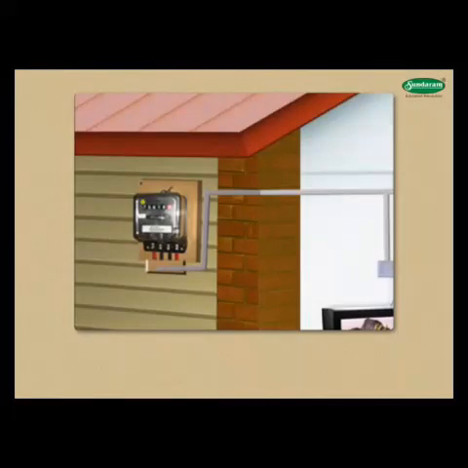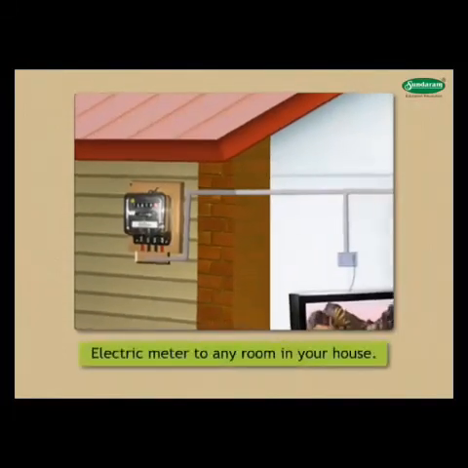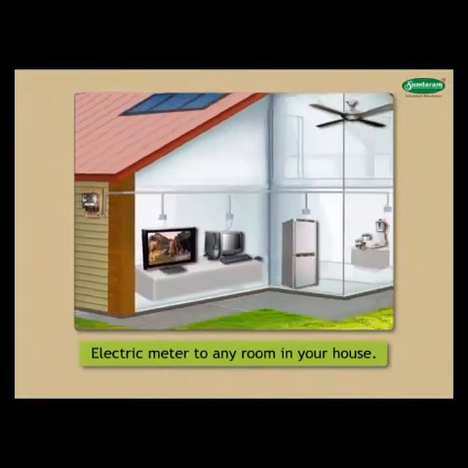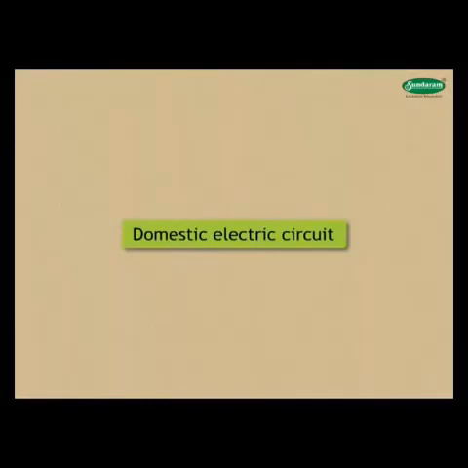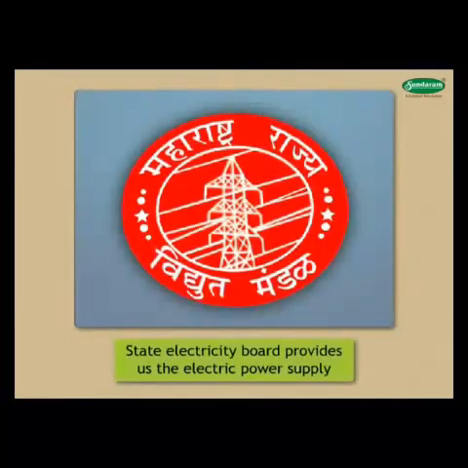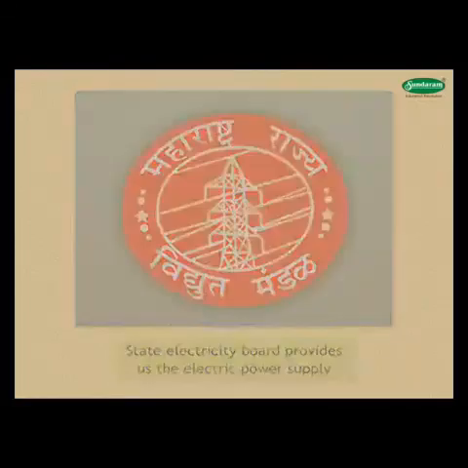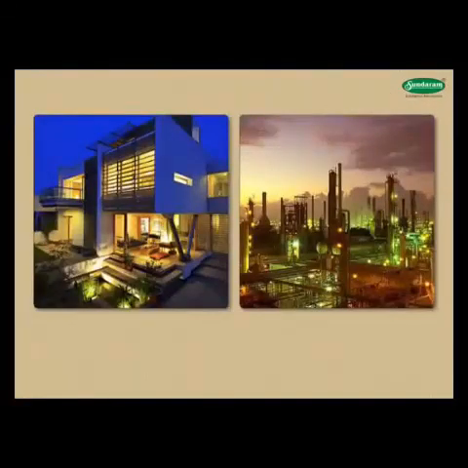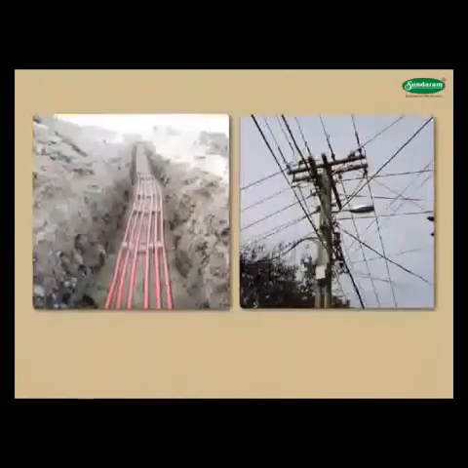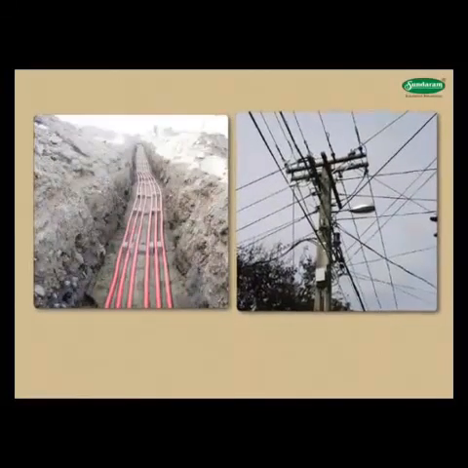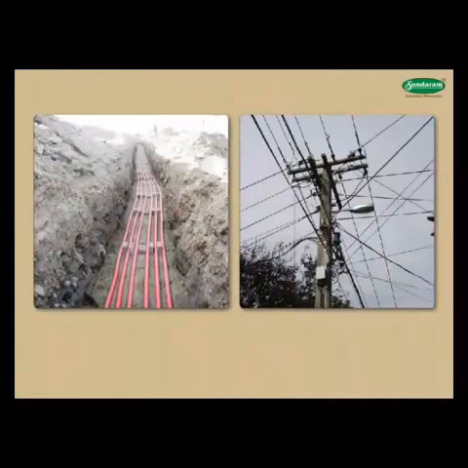Students, try to draw a sketch diagram of electric supply from your electric meter to any room in your house. Let us look at the domestic electric circuit. The State Electricity Board provides us with the electric power supply for houses and factories. This is supplied through underground cables or overhead wires on poles.